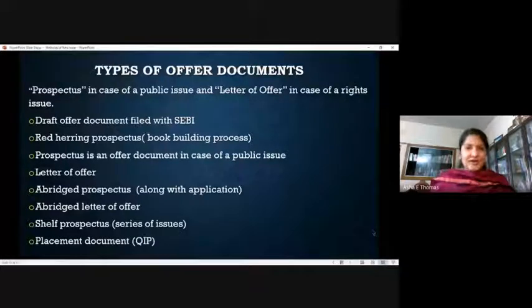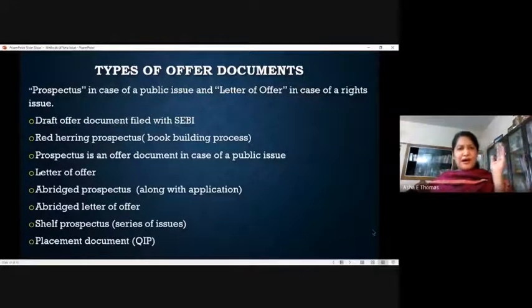Now, initially, when the company is thinking of a public issue, you can just visit the SEBI website and you can see that there are a lot of draft documents being submitted by companies, which are open to the public, and anybody who is interested to know more about this offer can just read through that.